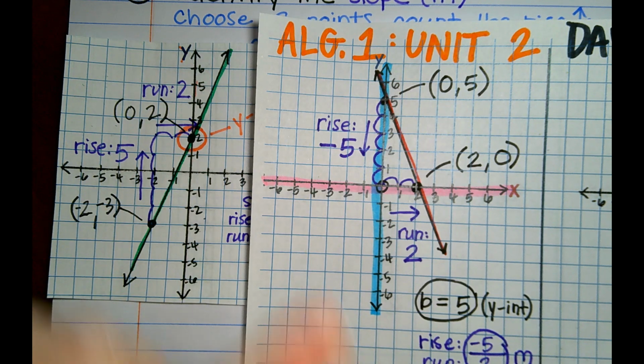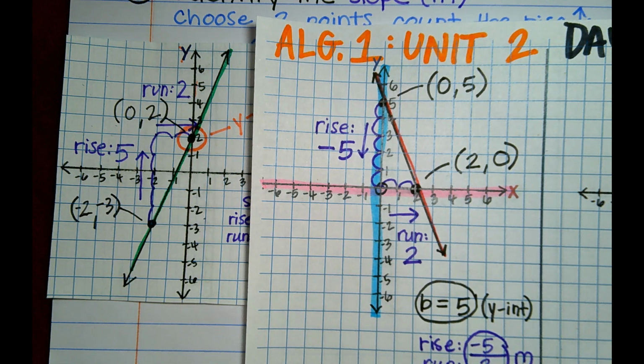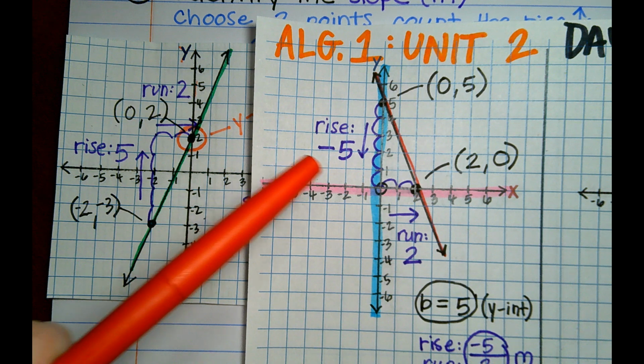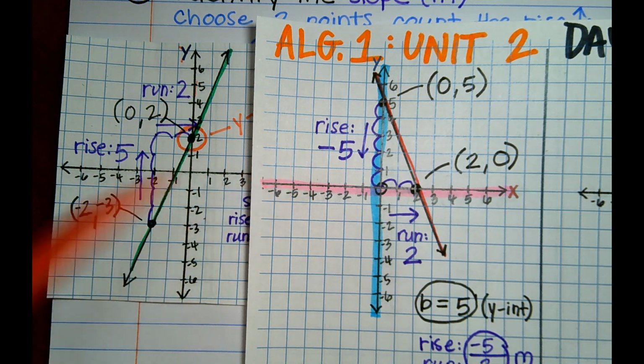Your slope will be negative when that line goes down. So if you're worried about remembering the signs, whether it's a positive or negative rise, you can also just look at how your line looks. What direction is it going? Is it going up? It's positive. Is it going down? It's negative.